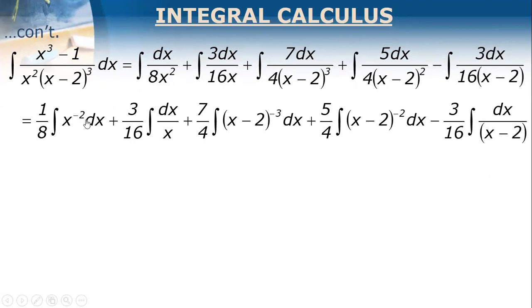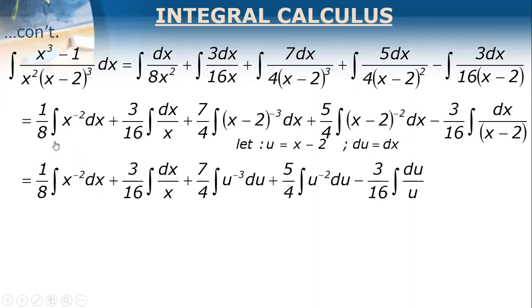X squared transfer to numerator becomes x raised to negative 2. Now this one is ln lang, du over u. So let u equal to x minus 2, du equal to dx. Okay.